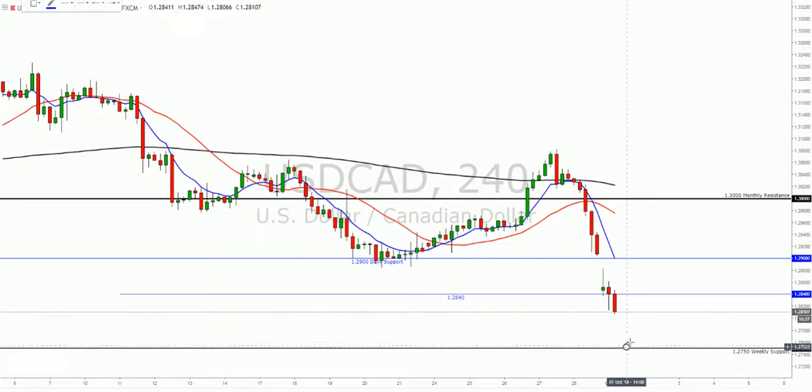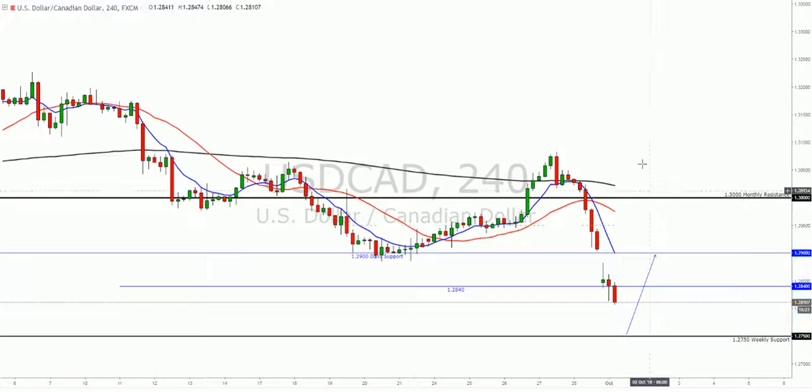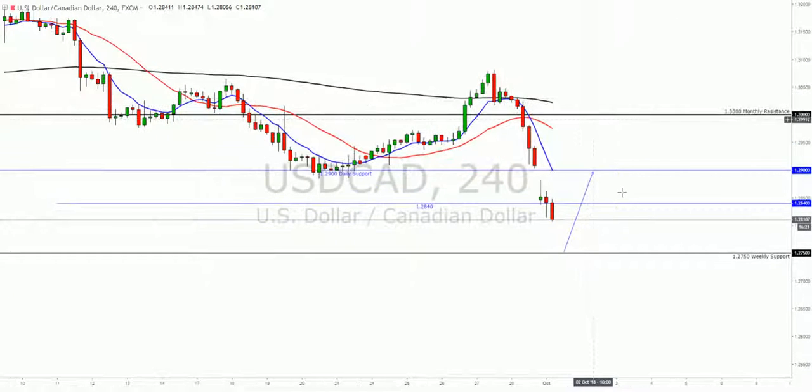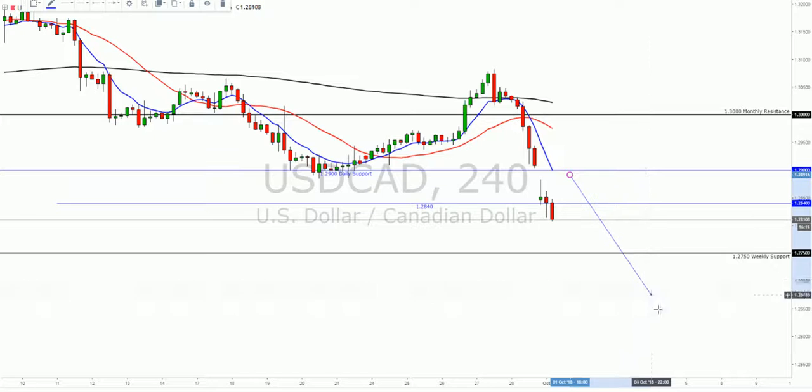So we would be looking for something like this, or even up here somewhere, as we've gone all this way without any real pullback. Following that, we'll be eyeing up reversals to take it down to, say if we came to here, all the way down to that 1.2500 support level. But we'd have to wait and see what goes on here.